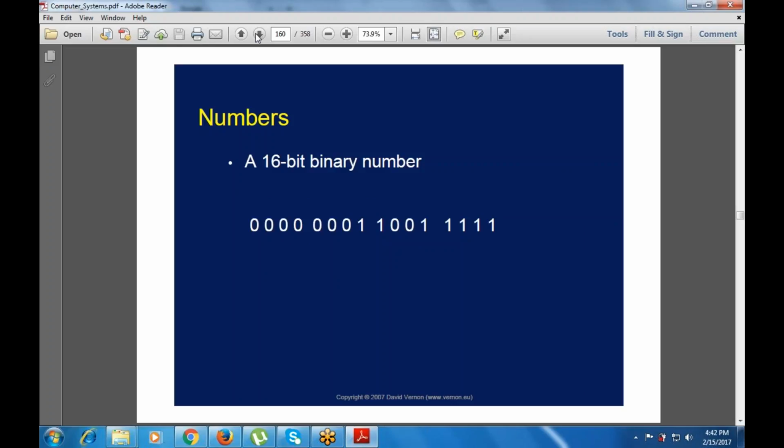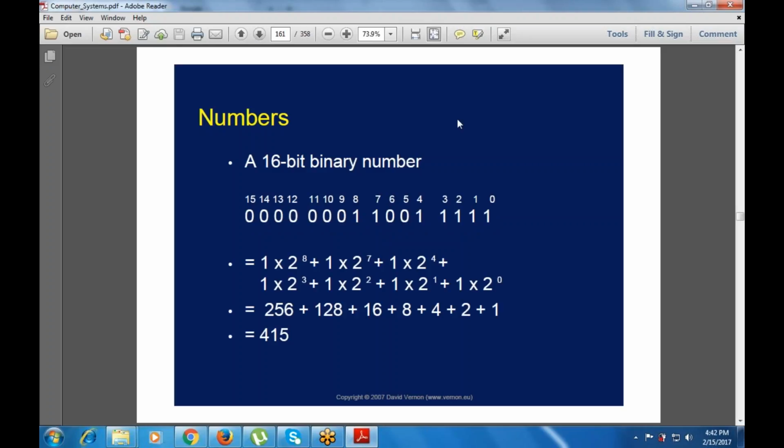There are a total of 16 binary digits, in groups of four. Starting from the right-hand side, they are numbered 0, 1, 2, 3, 4, 5, 6, 7, 8, 9, 10, 11, 12, 13, 14, 15. So a 16-bit binary number is represented from 0 to 15.